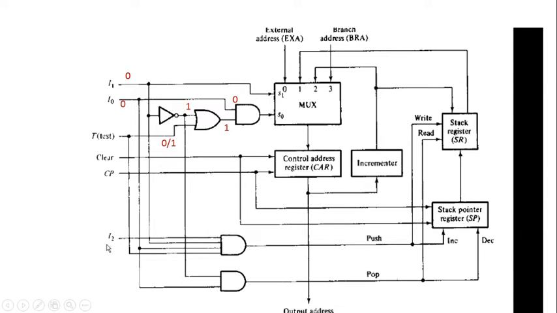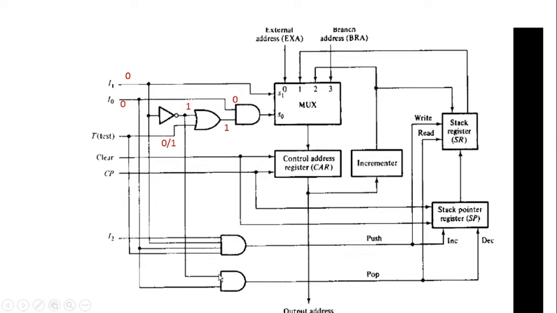So I2 is used only for deciding when to perform our push operation. But I1, I0 and the test input are used for setting our selection values S1 and S0. I1 is directly connected with S1; I1 complemented is ORed with the test input, and the resulting value is ANDed with the I0 input, which forms S0. So by performing the AND operation of I2, I1, I0 and test, the result decides when to perform the push operation on the stack register.